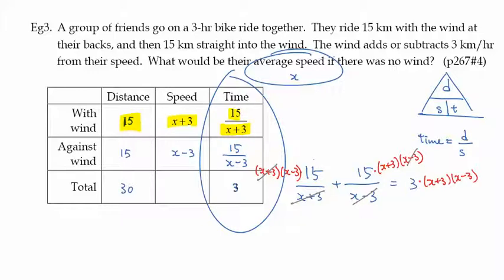And we will end up getting x minus 3 times 15, and x plus 3 times 15, on one side. And on the other side, once you expand, we will end up with a quadratic equation, and that can be solved using the quadratic formula.